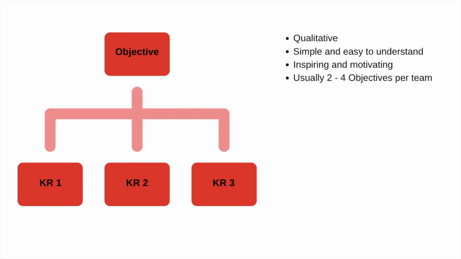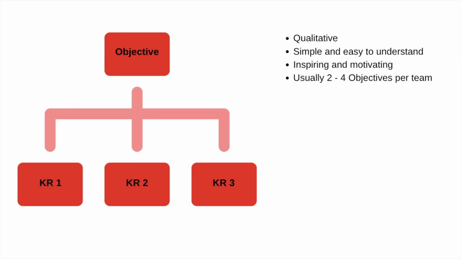Now, if we look at this structure, an objective answers one simple question: where do we want to go? It should be qualitative, inspiring, and easy to understand. A common mistake: making objectives boring. Don't say increase market share. Say dominate the enterprise segment and become the category king.